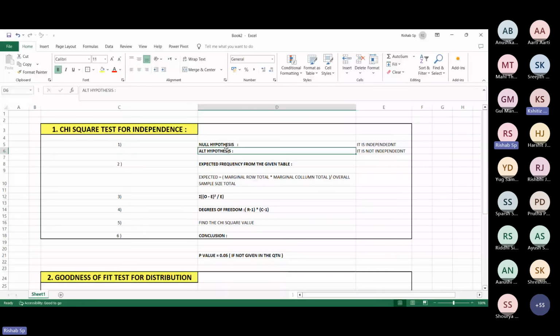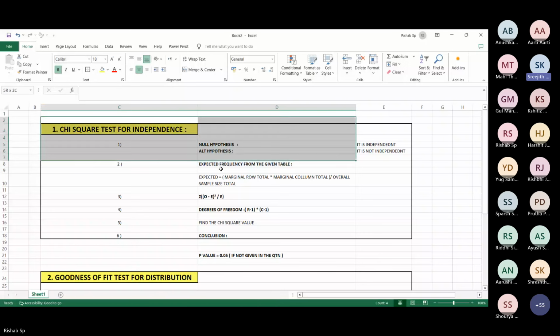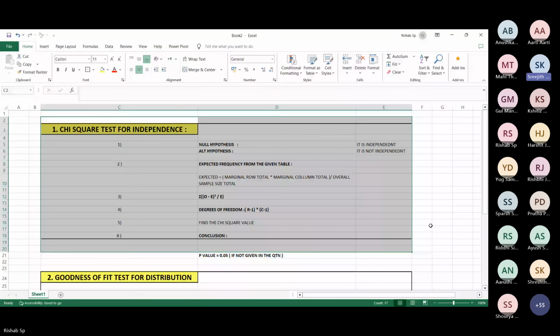Your voice is breaking again. Is it audible now? Hello. No. Rishabh, you might share your PPT or Excel with Harshit or Yug. Ask them to share it, and you directly speak. That would be better.